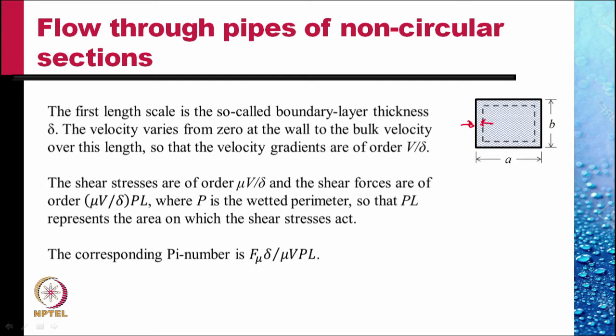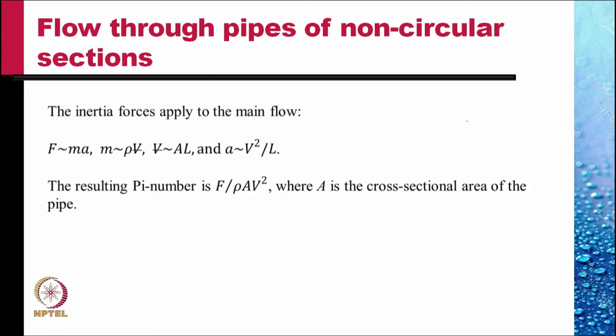Earlier, we did not use this artifice. Delta was taken as L, so that the pi number was F mu divided by mu v diameter. The inertia forces apply to the main flow, F is like mass times acceleration.